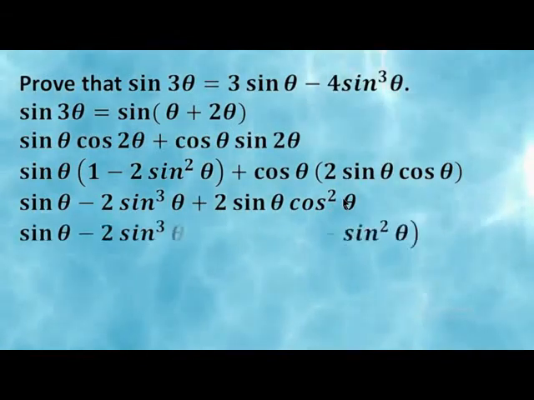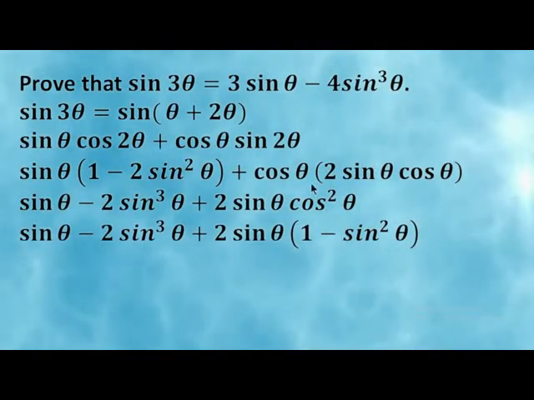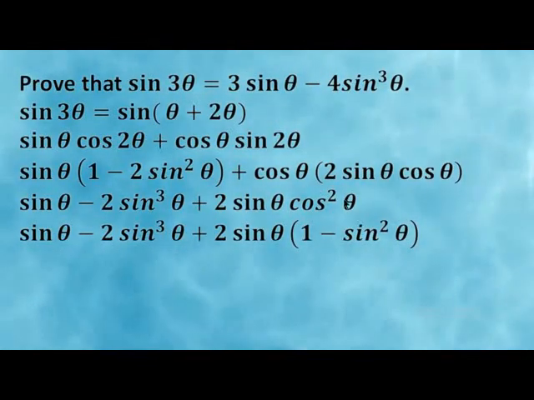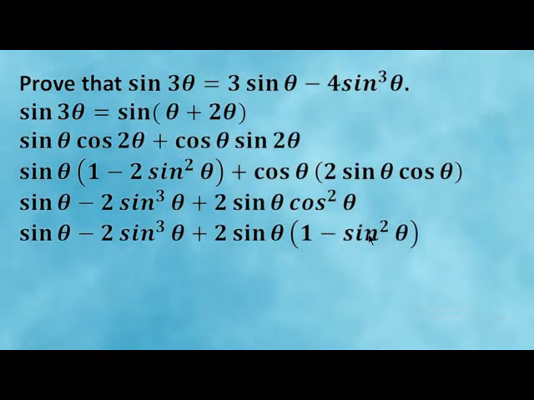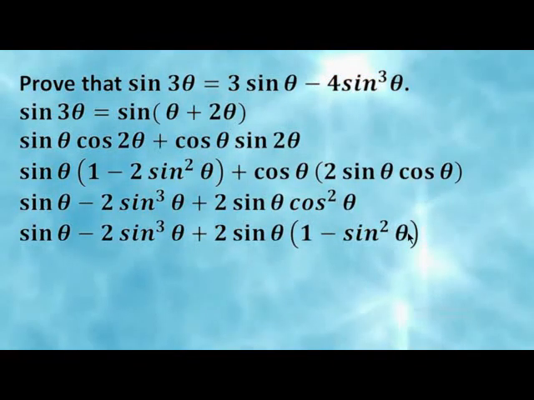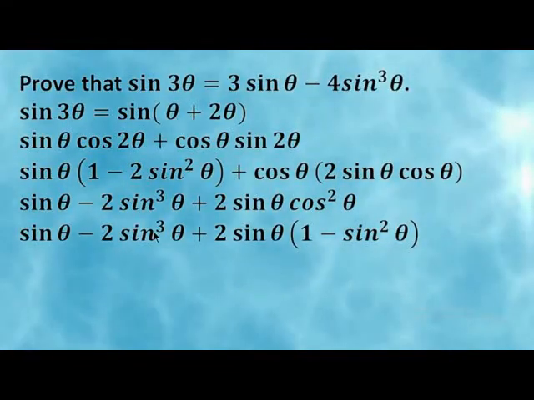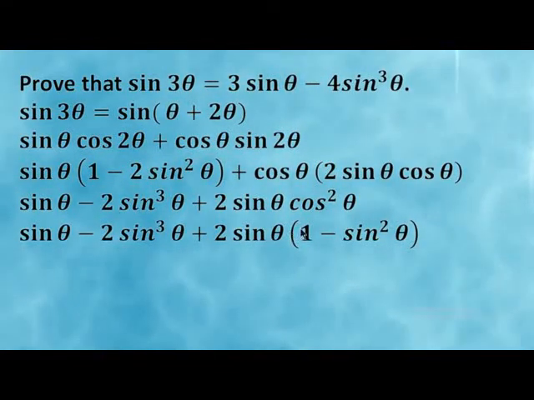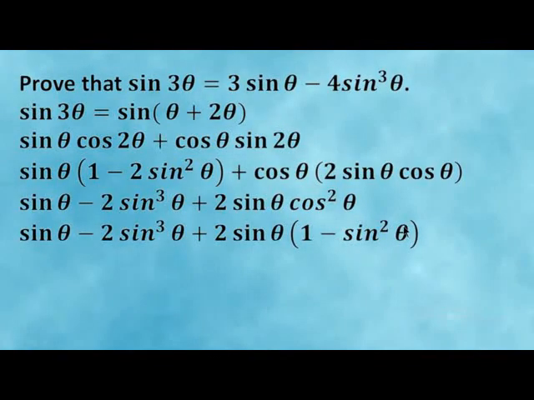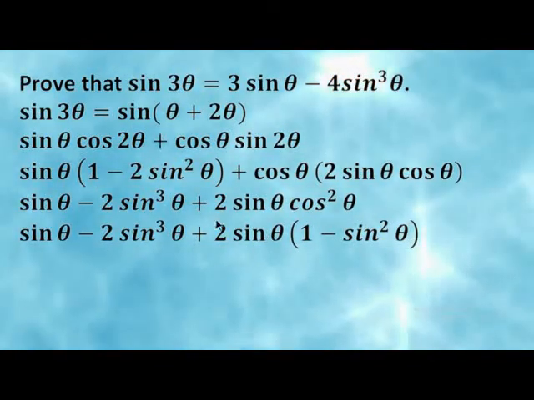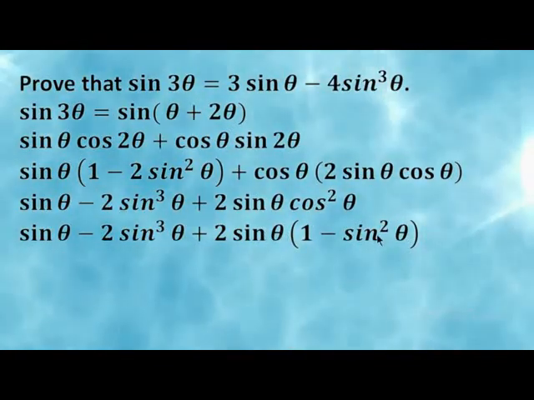Now we can exchange the value of cosine square theta with 1 minus sine square theta. So sine theta minus 2 sine cube theta plus 2 sine theta multiplied with 1 minus sine square theta. You just have to multiply this one to this one.